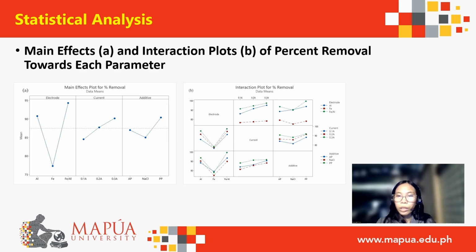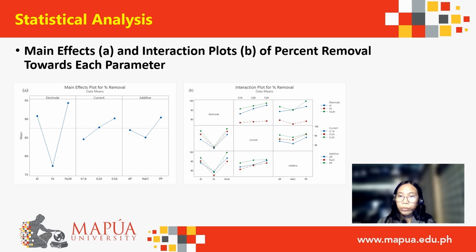So regarding our statistical analysis, we did a plot for the main effects and the interaction plot for percent removal regarding the different parameters. And what we have observed here is that for the electrode materials, the combined electrodes really have a significant effect on the EC process.